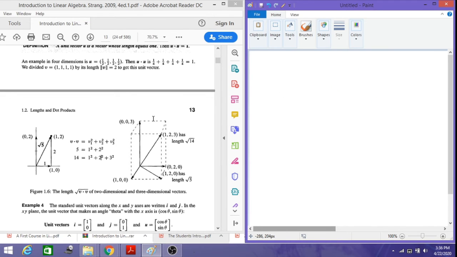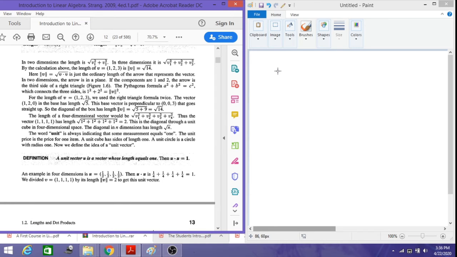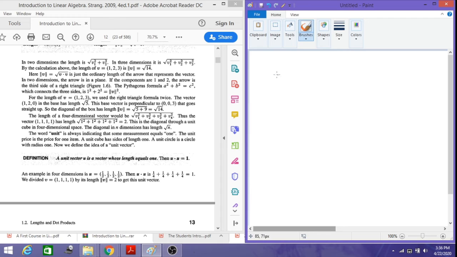So let us consider that v is a vector point, that is v equal to 1 and 2 in the 2-axis plane.